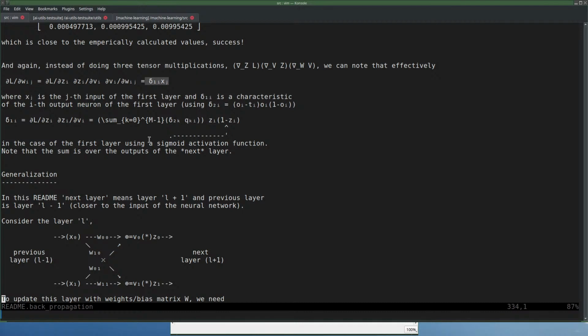And then you get matrix multiplications, or tensor multiplications with a dimension less.